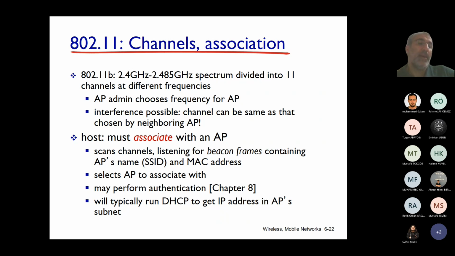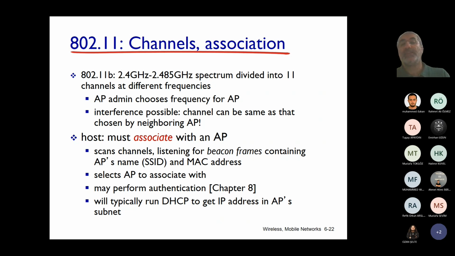So, okay, I have the Wi-Fi access point, Wi-Fi network, and my smartphone, let's say a wireless host, wants to access the internet through the Wi-Fi. The first process is called association. My host, my mobile phone, must associate with an access point. Therefore, it follows these steps.